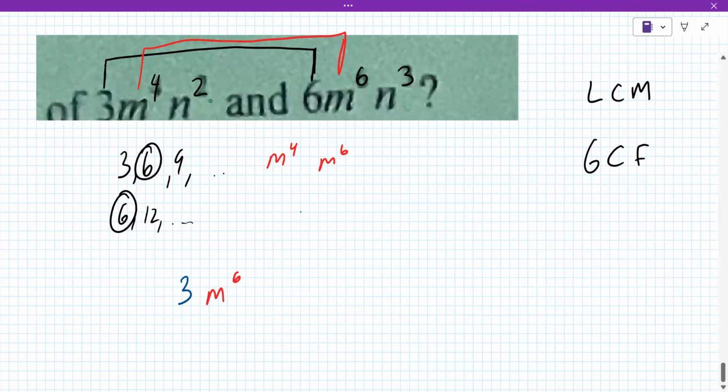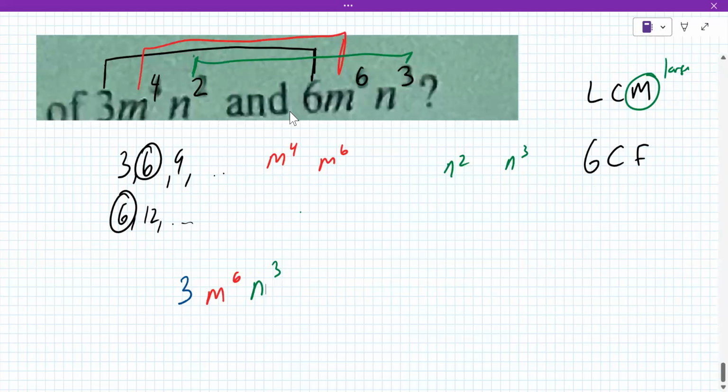The least common multiple means it gets larger. So now we're looking between n squared and n cubed. We want the larger one, n cubed. So for the variables, you just want the larger exponent. But again, it's easy to confuse these because we don't differentiate between them well for who knows why.